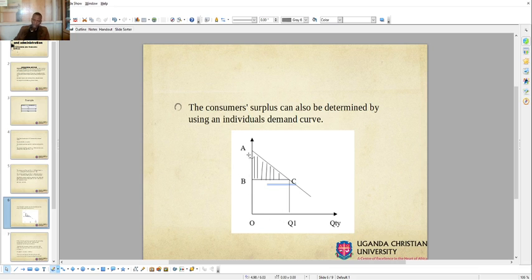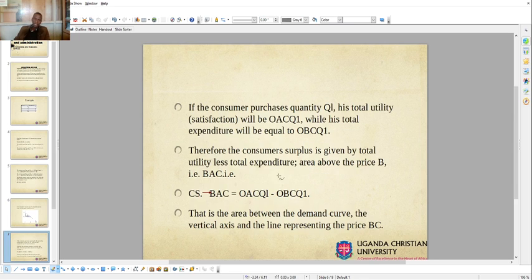When I get this bigger area minus this cost, the remaining part, which is the shaded part, is our consumer surplus. And so graphically, the consumer surplus will be the shaded area. The satisfaction is this, the expenditure will be that. Therefore, the consumer surplus is given by the total utility less the total expenditure.